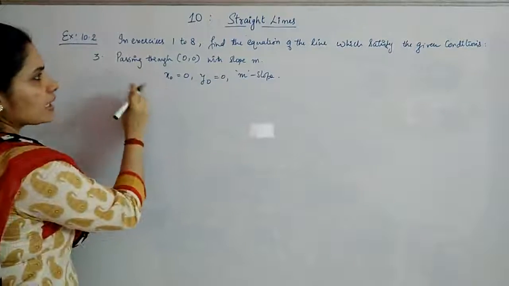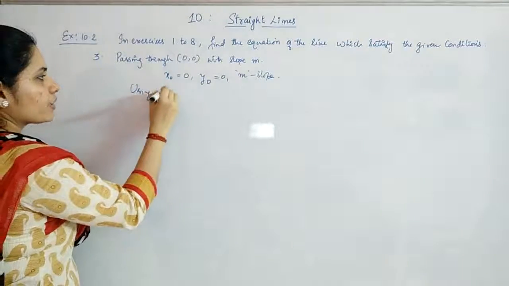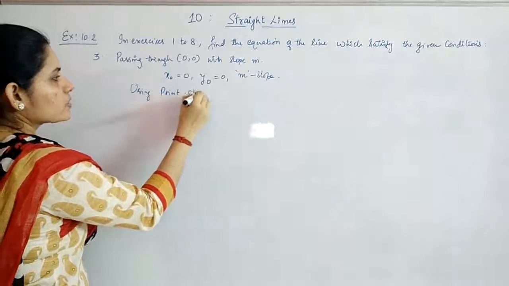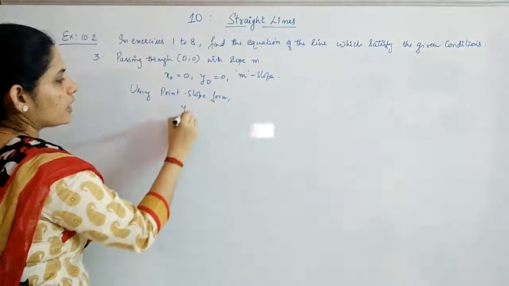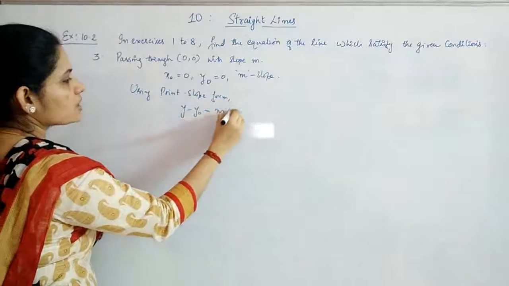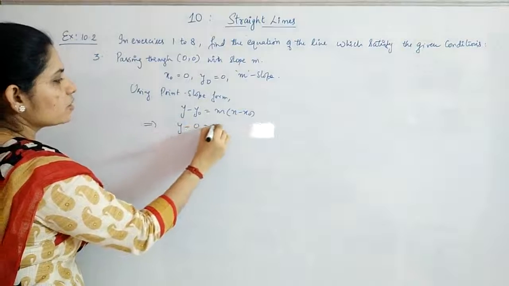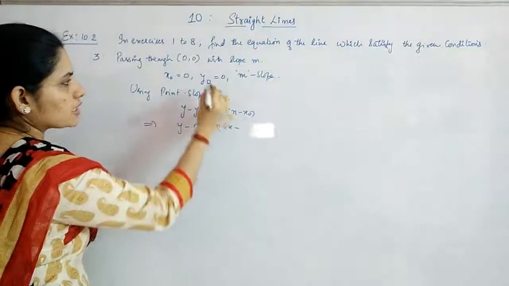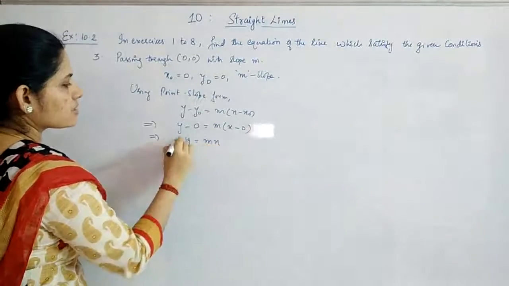Now again point and slope are given, means you are using point slope form. Using point slope form, you will have y minus y naught equal to m into x minus x naught, which will be replaced with y minus 0, m as such, x minus again 0. So you are getting y is equal to mx.